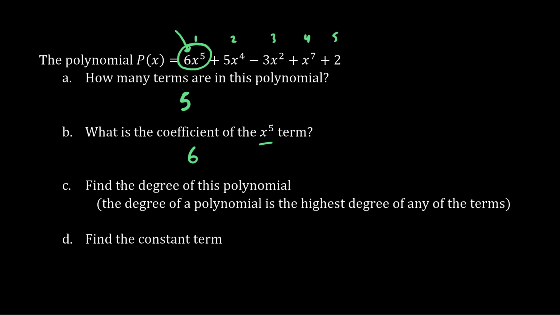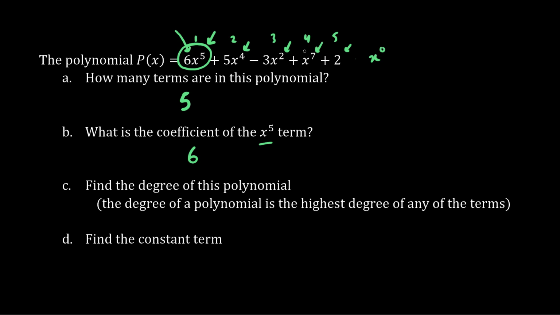Now for part C, let's find the degree of the polynomial. The degree of a polynomial is the highest degree of any of the terms. We see the degree 5 here, degree 4 here is the exponent, degree 2, 7, and this here is technically, we have x to the 0, 2 times x to the 0.